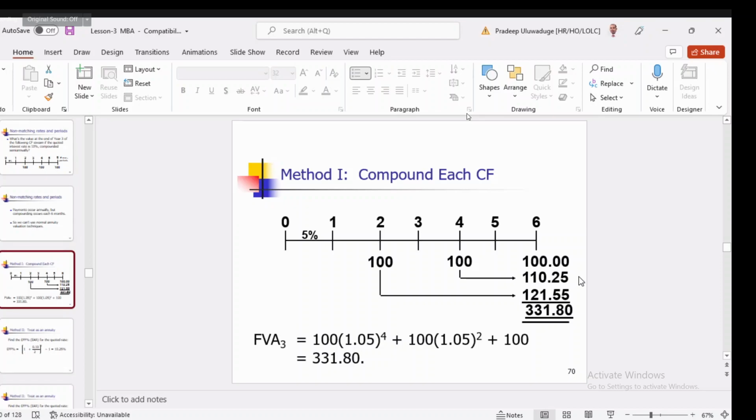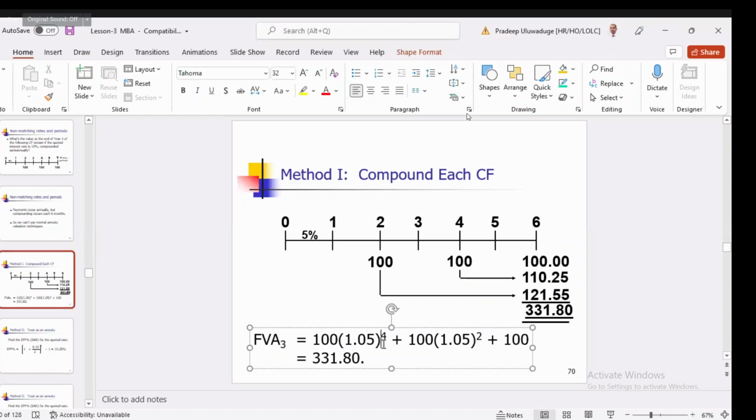And the first cash flow occurs at the end of the first year, and it passes through four semi-annual time periods. So we compound 100 at 5%, 1.05 to the power 4, and we get 331.80 as the future value of this cash flow.